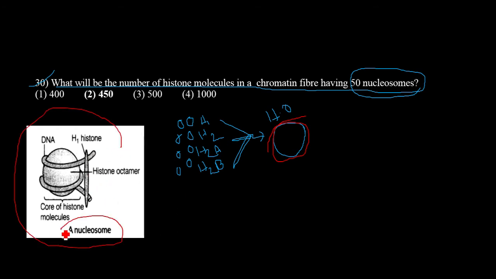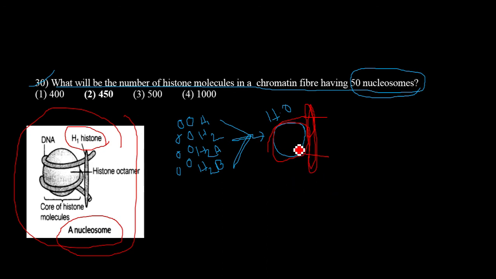This is called a nucleosome. Again, there is an H1 histone which comes and binds above the nucleosome. Then this H1 gives more stability to the nucleosome, or for the attachment of DNA with the histone protein.